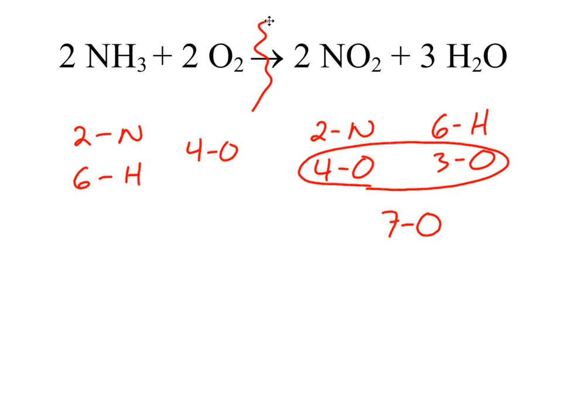So I'm going to use blue circles for nitrogen. So I'm going to put in my 2 molecules of nitrogen here, and I'll use the red for hydrogen. So each one of these is going to have 3 hydrogens attached to it.